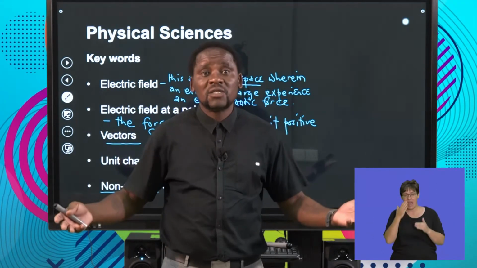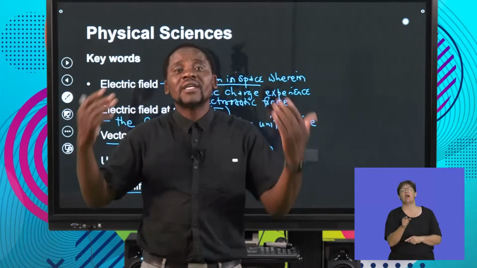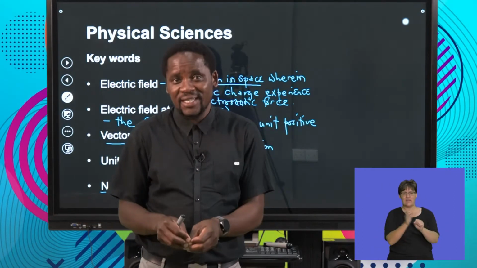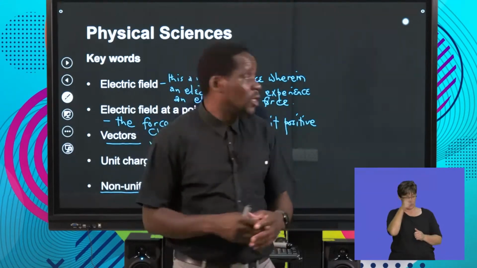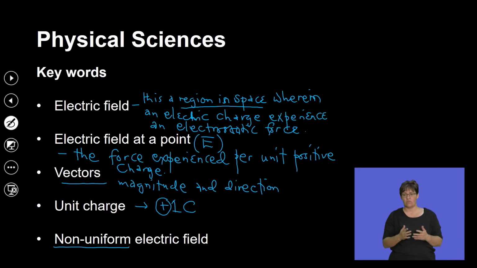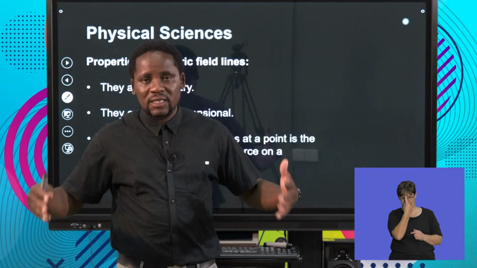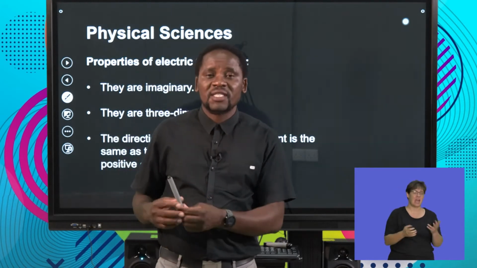At the end of the session, we want to discover what exactly affects the magnitude of the electric field at a point. That's what we want to drive at. So remember, when we talk about the non-uniform field, we are saying the electric field at any point will vary from the next, right?